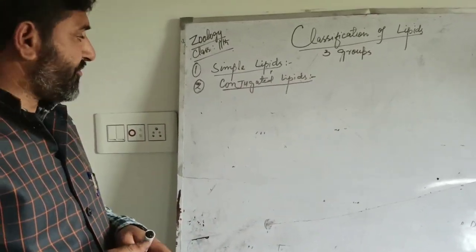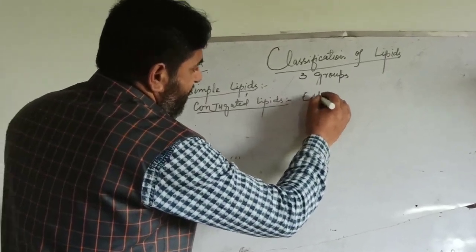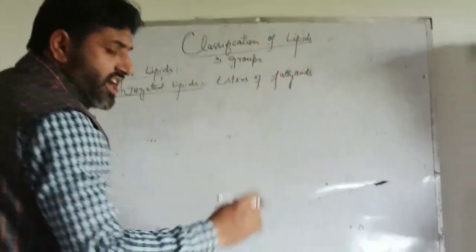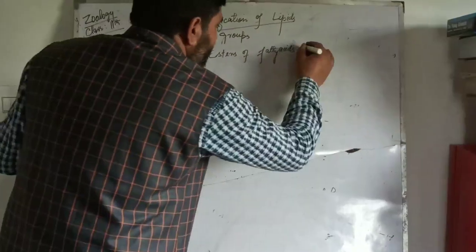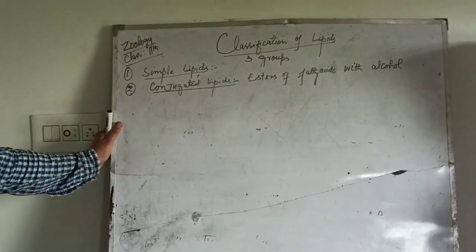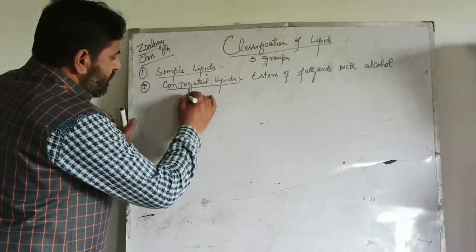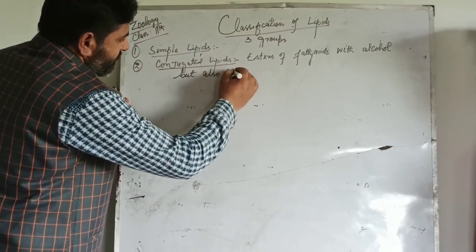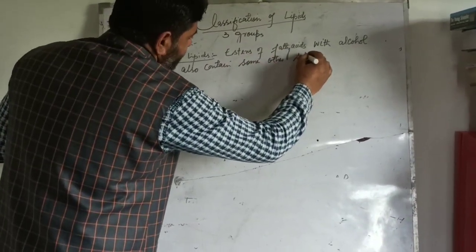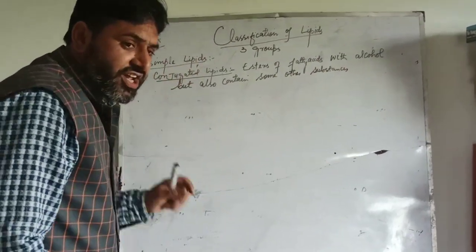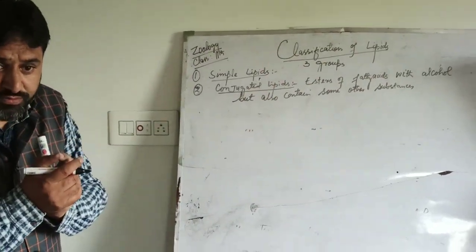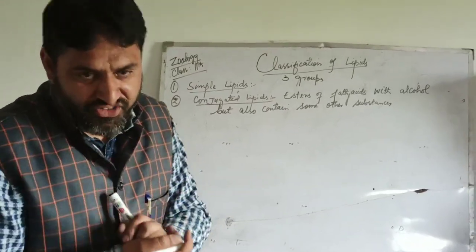These conjugated lipids are esters of fatty acids with alcohol, but they also contain some other substances.